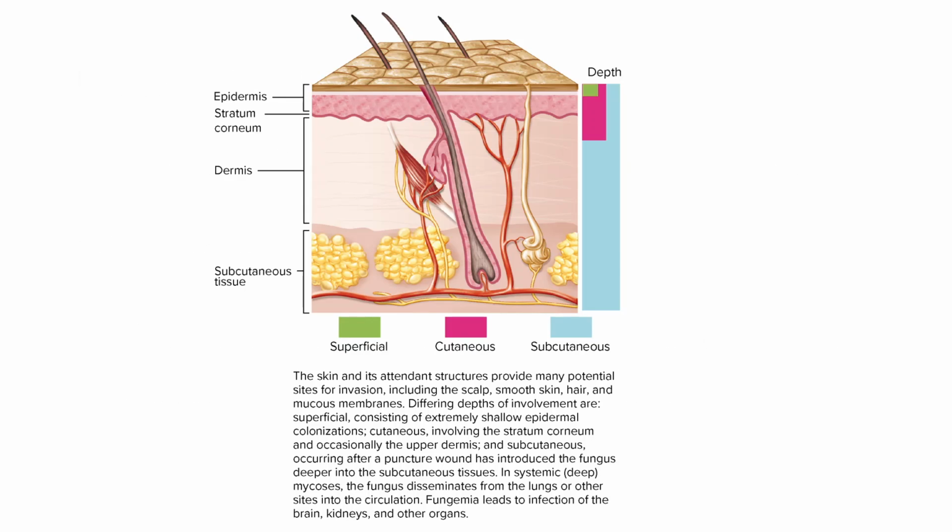And so this could just be that your skin is coming into contact with some contaminated areas with this fungi. Okay. And so just so that we can get a picture of that, right? So either through your respiratory system or, right, you could have some kind of trauma that happens to your skin and it goes in all the way down, and this is known as the subcutaneous layer, right?